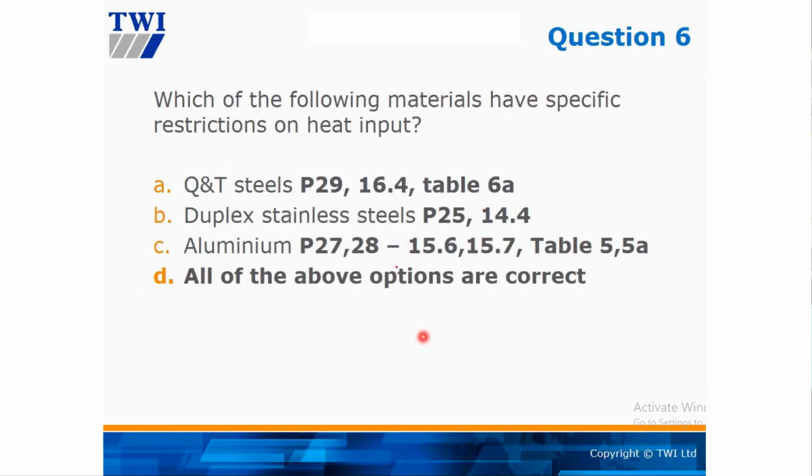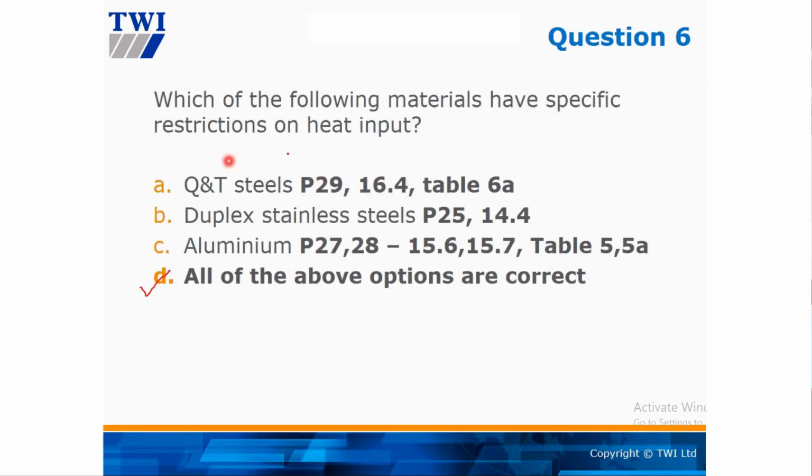All right, 6. Which of the following methods have specific restriction? When talking about specific restriction, the answer goes to all of the above because we're going to check later from the spec on page 29, 16.4, duplex, page 25, aluminium, page 27 and 28.